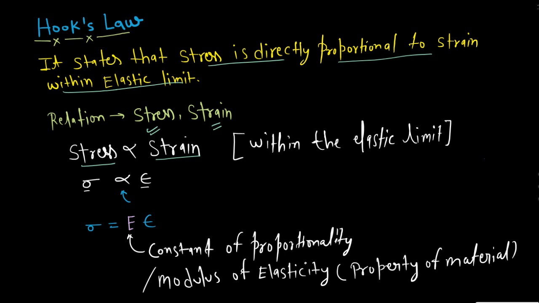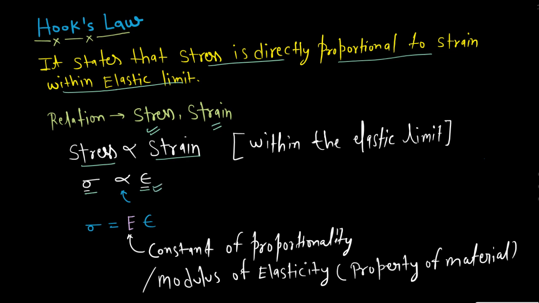If I represent stress by sigma and strain by epsilon, then sigma is directly proportional to strain. If I remove the sign of proportionality, I have to multiply epsilon by a constant.